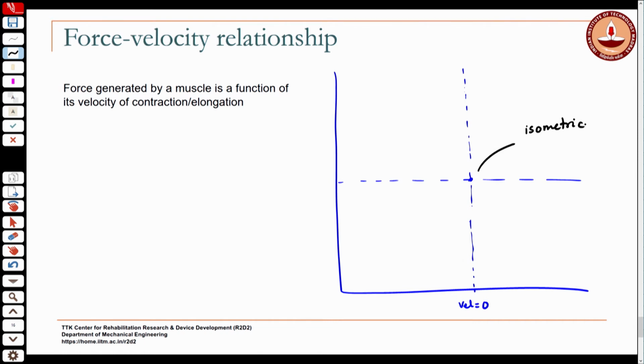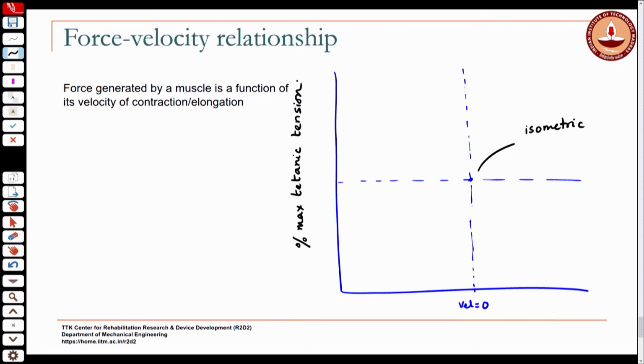Let us plot this force as a percentage of the maximum tetanic tension. You remember tetanic, when it is acting tetanically, it has reached that steady state. So this is your isometric.